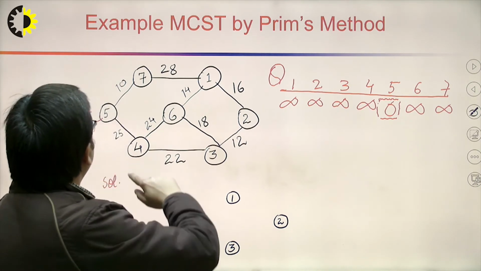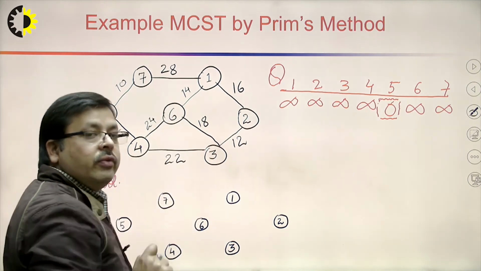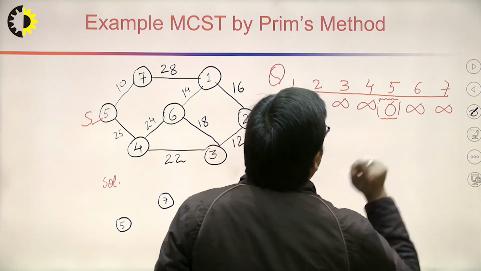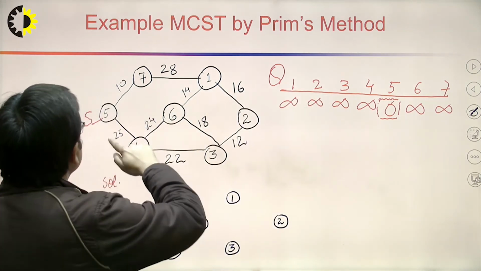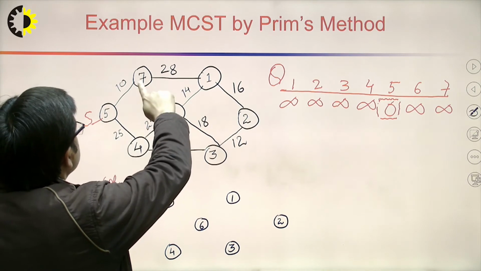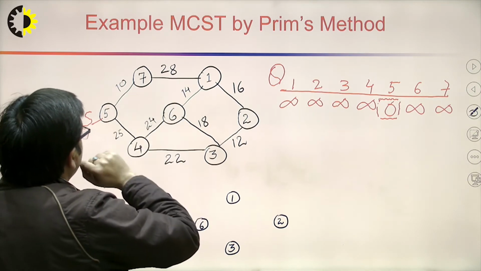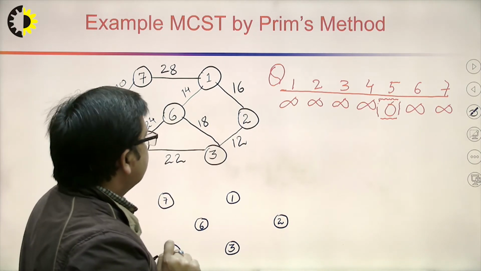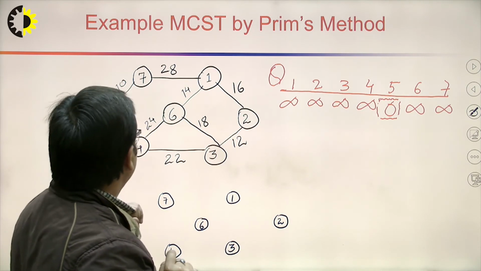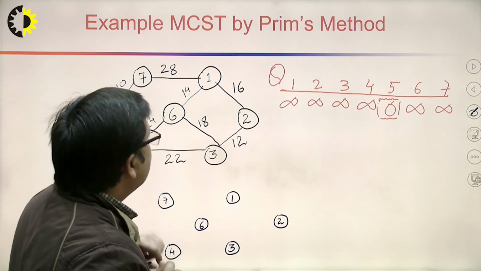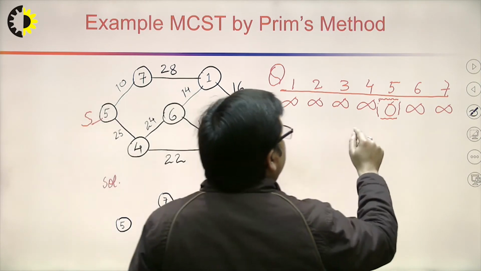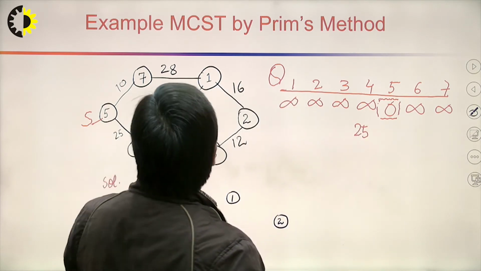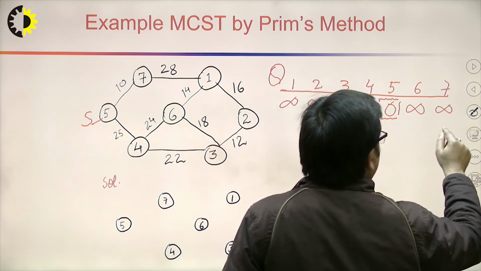The adjacent vertices of 5 are 7 and 4, both having weight infinity. The edge from 5 to 7 has weight 10, and the edge from 5 to 4 has weight 25. So, we update these vertices' weights with the adjacent edge weights: vertex 4 is updated with weight 25 and vertex 7 with weight 10.